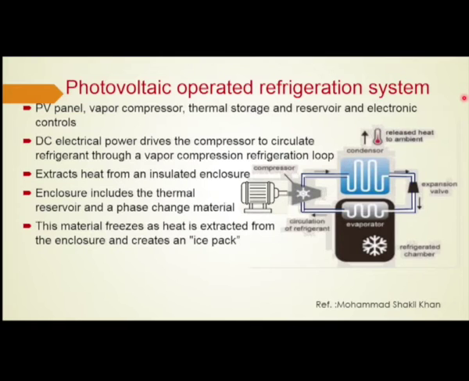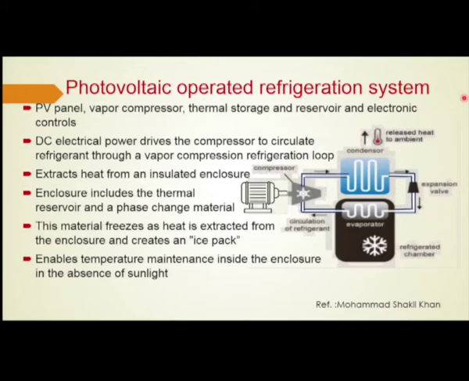This phase change material freezes as heat is extracted from the enclosure and creates an ice pack. It enables temperature maintenance inside the enclosure in the absence of sunlight also. So, these are the blocks inside the PV operated refrigeration system.